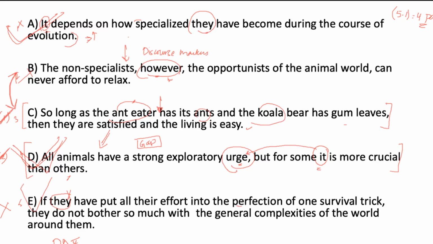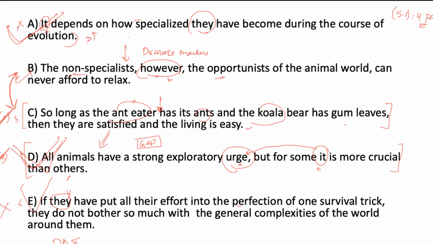Yep. All right. So the non-specialists. Again, we're jumping into conclusions here. The non-specialists. Could this follow this sentence after this? However, the opportunities of the animal world can never afford to relax. Opportunities. Okay, we haven't discussed about opportunities at all.